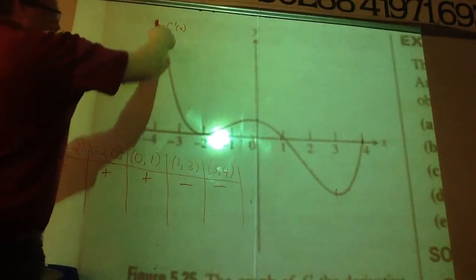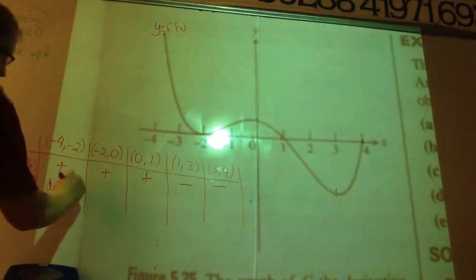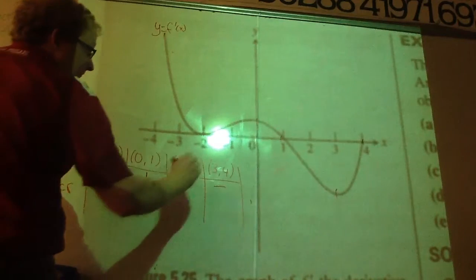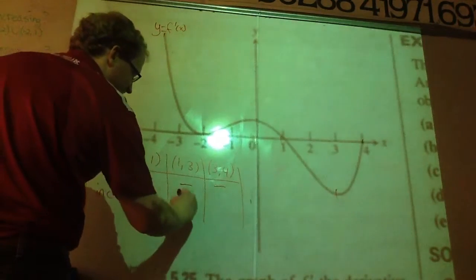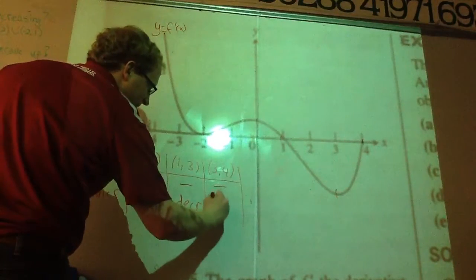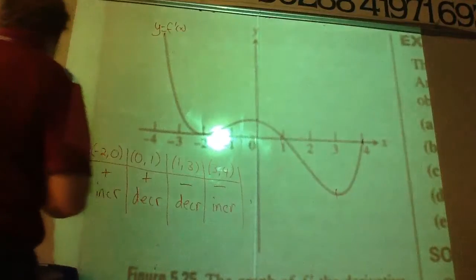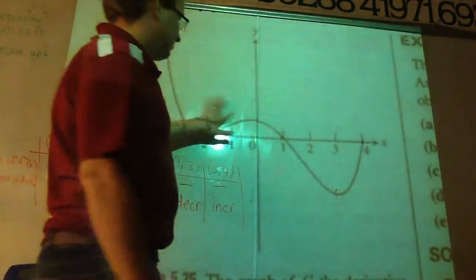The derivative is positive, but it's getting smaller. So it's decreasing, and then increasing, and then increasing, and then decreasing, decreasing, and then increasing. Okay, that makes sense. Now we can use this to answer all of our questions. You just put it into sections by where key things are happening.